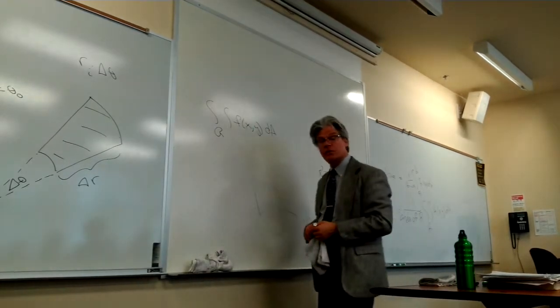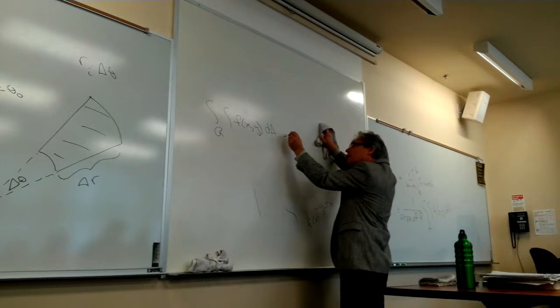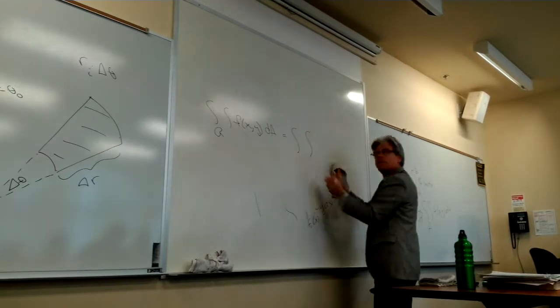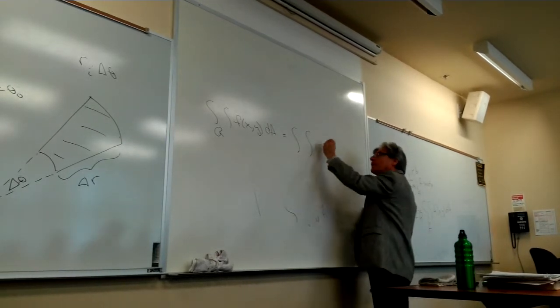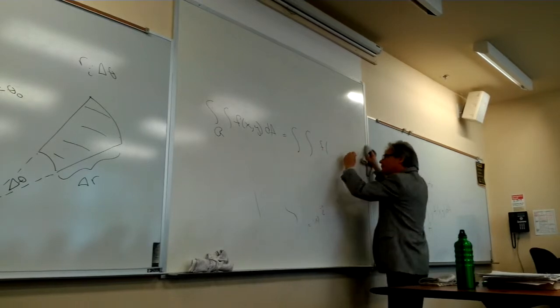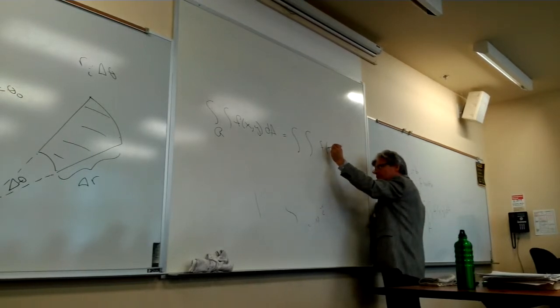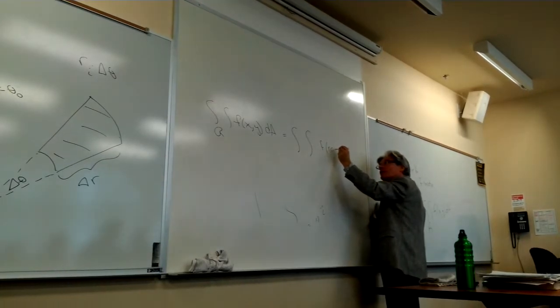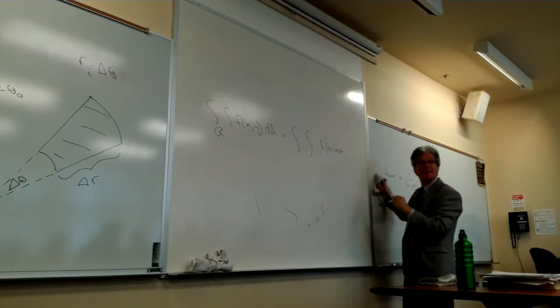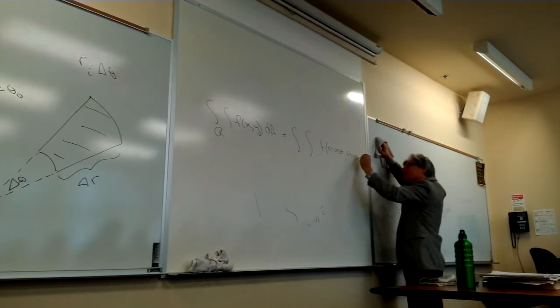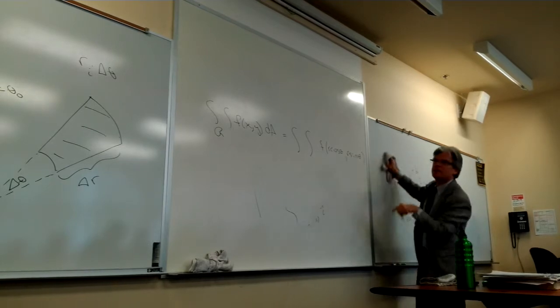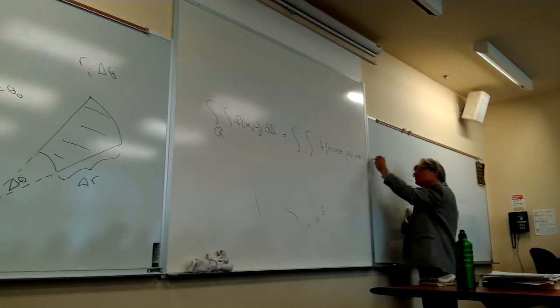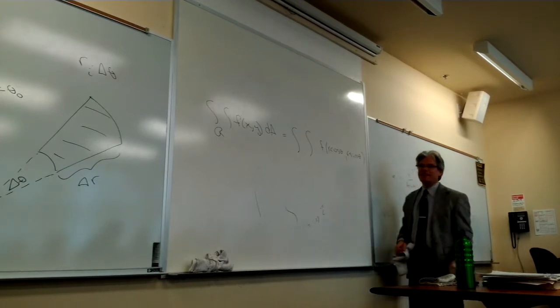If that's the case, I think that if I'm going to rewrite everything in terms of polar coordinates, I can rewrite this as the integral of a function f in terms of x and y, r's and thetas: r cosine theta, comma, r sine theta, times dA.